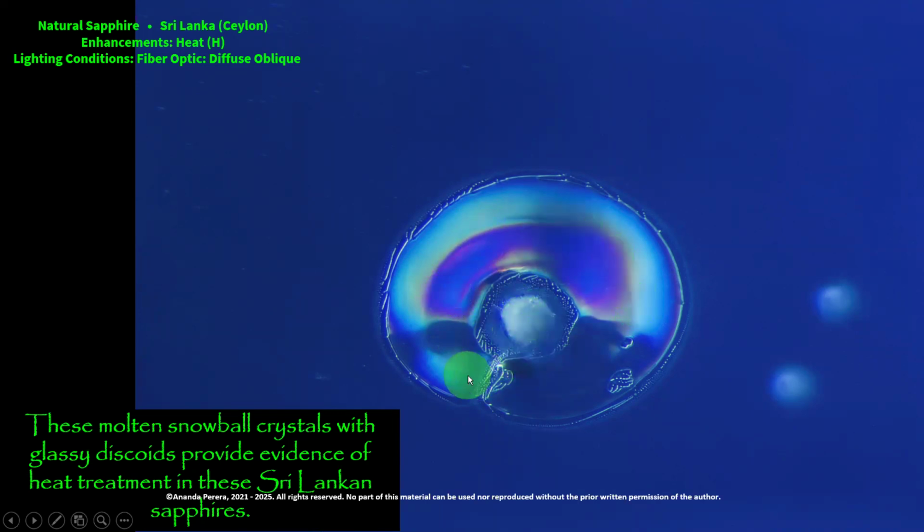See the glassy discoids, and here also glassy discoids. These are glassy discoids, a big discoid. All are glassy discoids providing evidence of heat treatment in these Sri Lankan sapphires. So we can directly see these glassy discoids. So it is a heated stone, not a natural one.